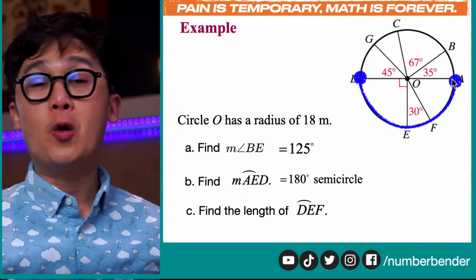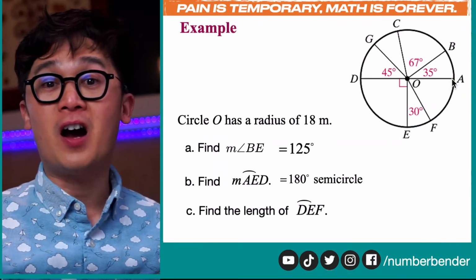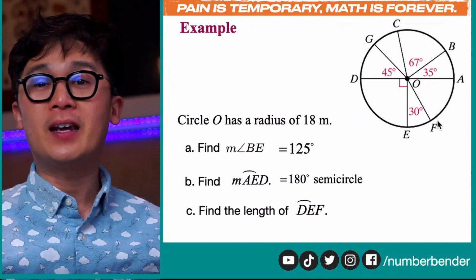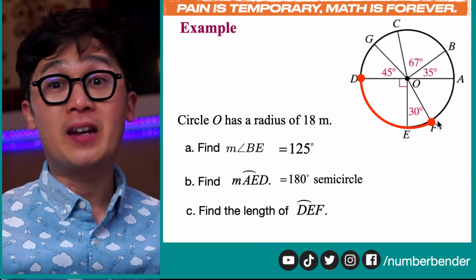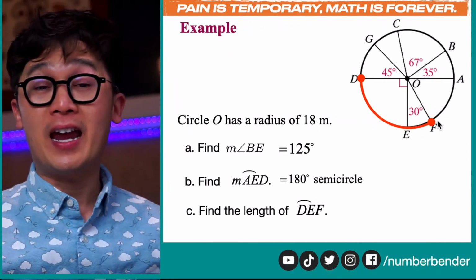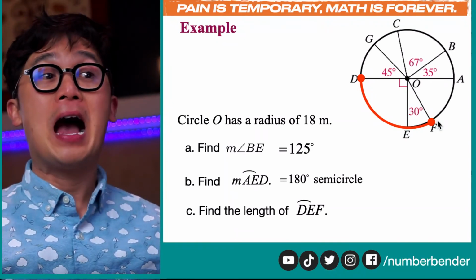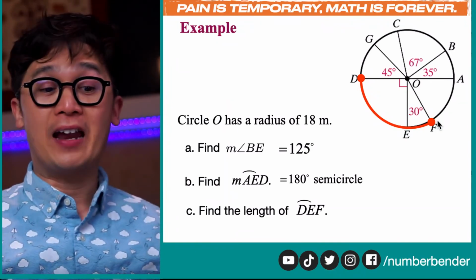And now we're going to find the measurement of the length of arc DEF, and not its angle. That means we're going to be using our formula to produce that value.